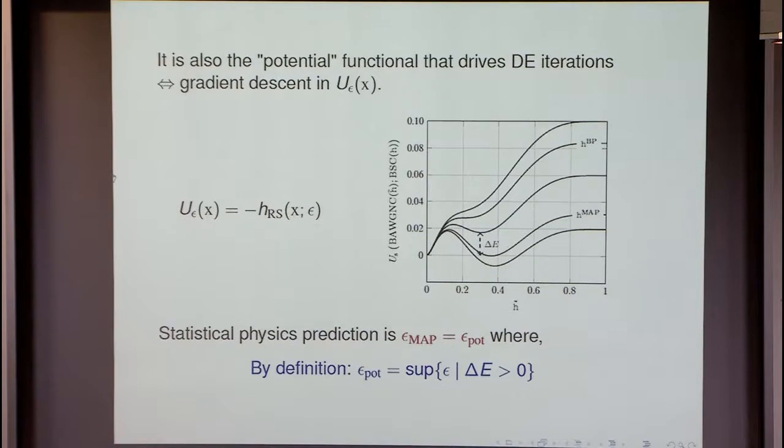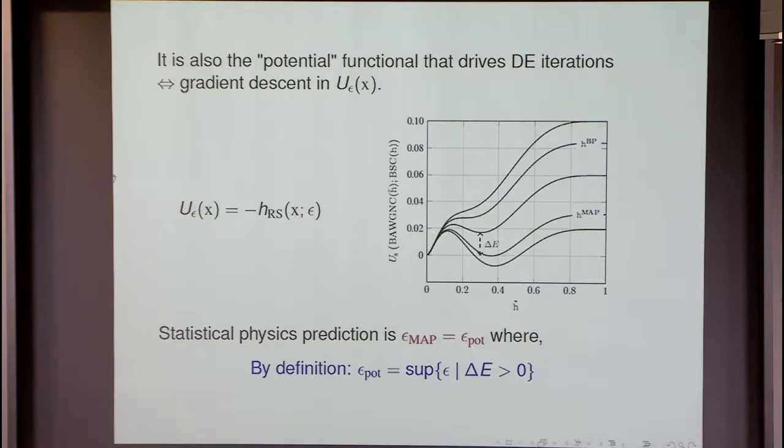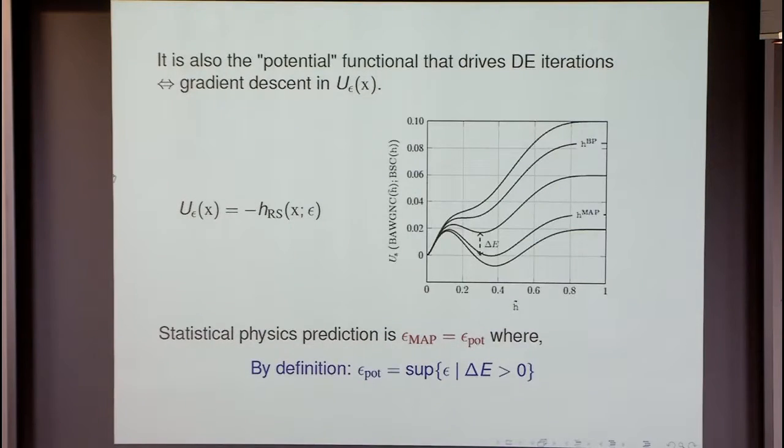So if you view this equation in an iterative way, it's exactly density evolution. You can also think of it, because this corresponds to maximizing this functional or minimizing minus the functional, as basically gradient descent along this potential. This potential is minus the replica symmetric functional.